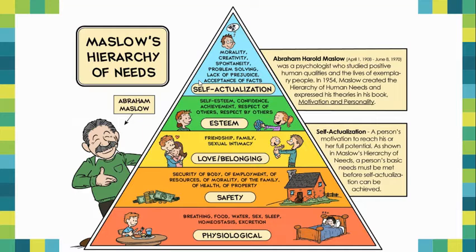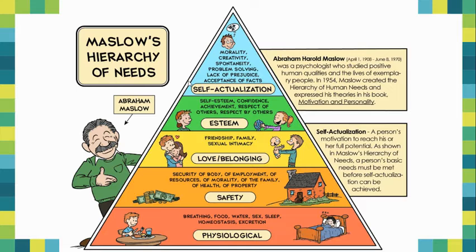And that's defined as a person's motivation to reach his or her full potential. So reaching full potential, how do I become the best person I can be, is Maslow's question. He says you have to have these other needs met before you can even think about those kinds of things.